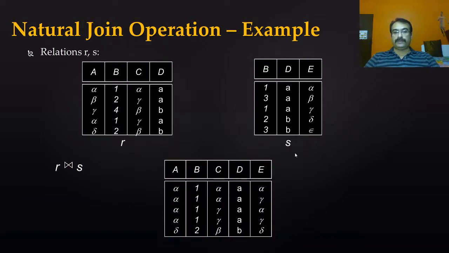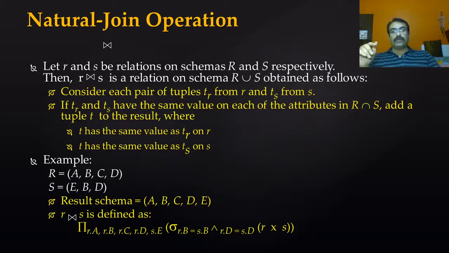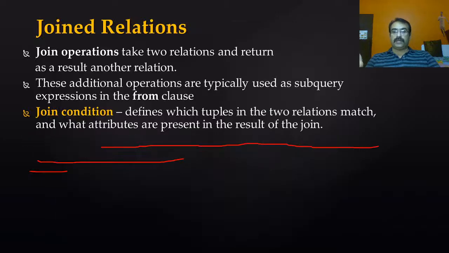So you can find here, this is a formal example of natural join where we are imposing equality on all the common attributes. If I am applying a natural join operation, it is going to appear in this way, right? Coming back to the original definition again.